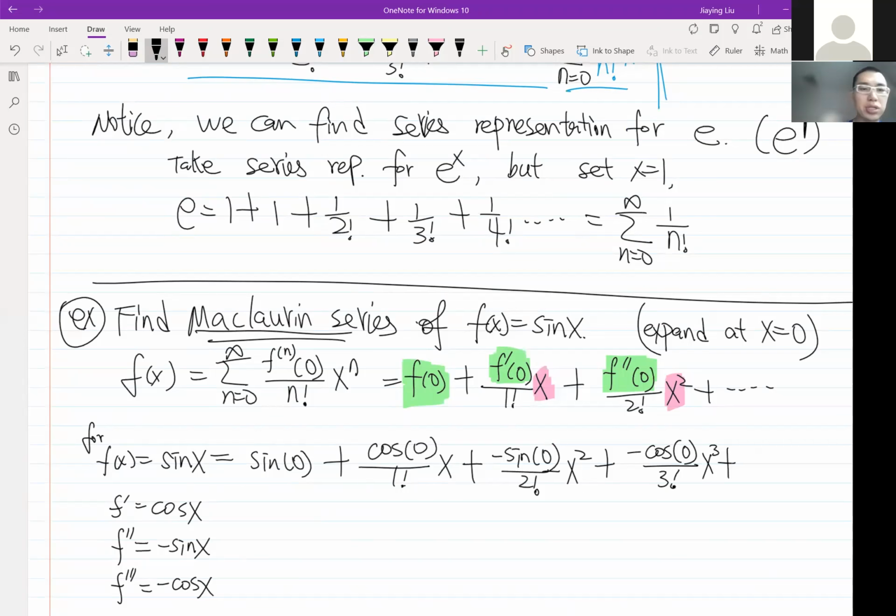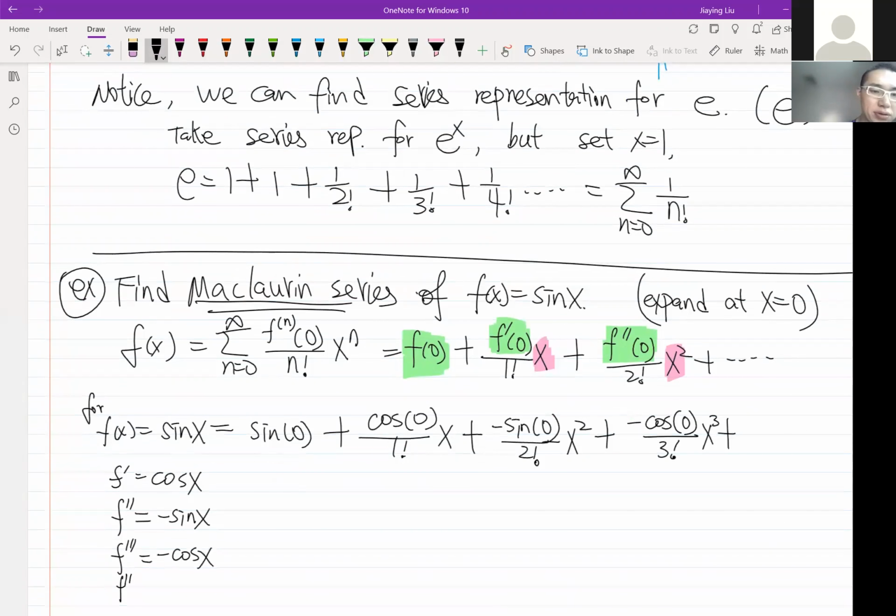And if I want to continue, the fourth derivative, which is the derivative of negative cosine: when you take a derivative of cosine, you get negative sine, but you already have a negative, so that becomes positive sine. So we get sine 0 divided by 4 factorial x to the fourth power. And continue.